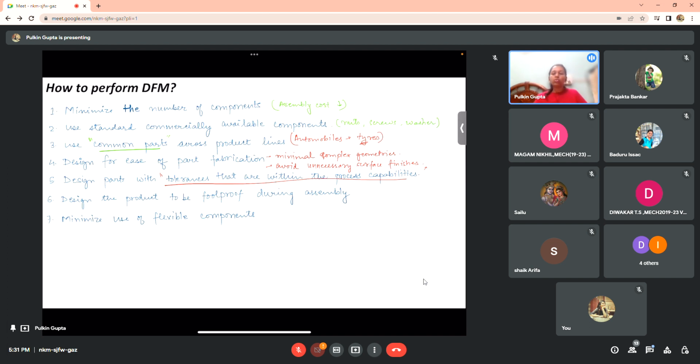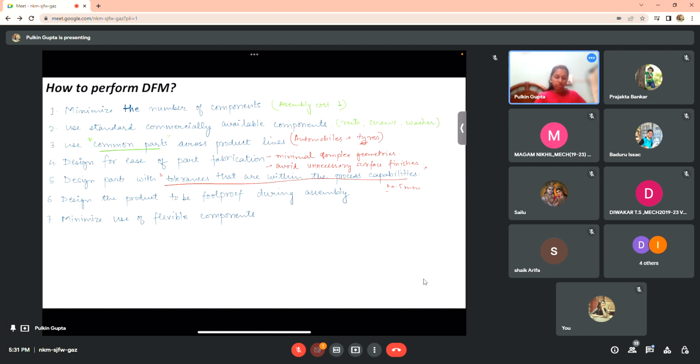Suppose the machine can build to a tolerance of, say, plus minus 0.5 mm. Sorry, so design parts with tolerances that are within the process capabilities.